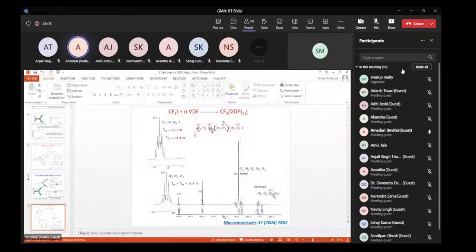So if you consider the integrals of these signals divided by 2 for a VDF over the integral of this signal divided by 3, because you have 3, it's possible to calculate the number of VDF. This signal is also very interesting because you have the end group, CF2I here, which is very conventional.